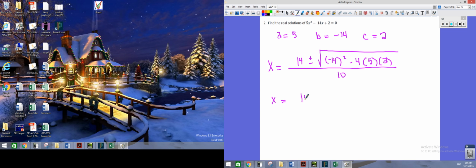So I've got 14 plus or minus the square root of negative 14 squared, which I think is 196. We'll check that. 4 times 5 is 20, times 2 is 40.